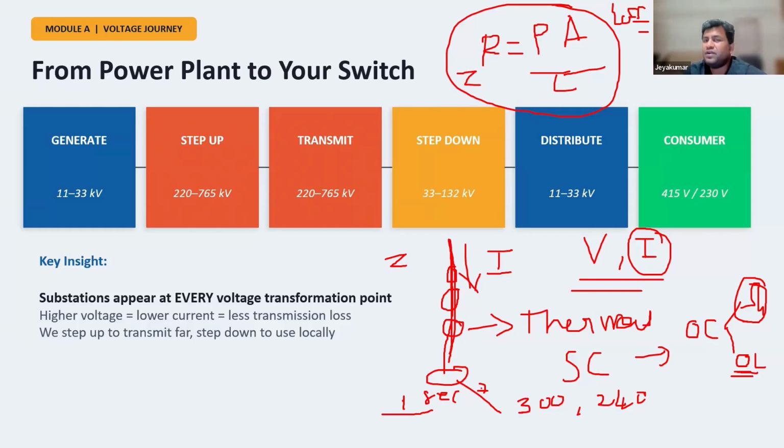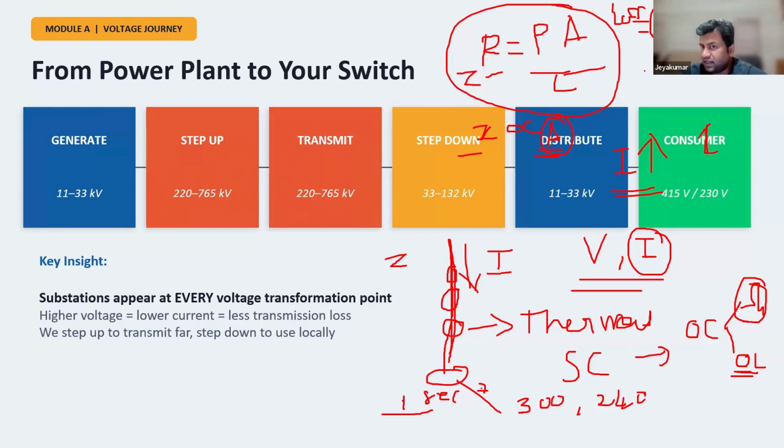The impedance is related to the cross-sectional area, so you have to think like that and correlate it. The more the current, the more the losses also.